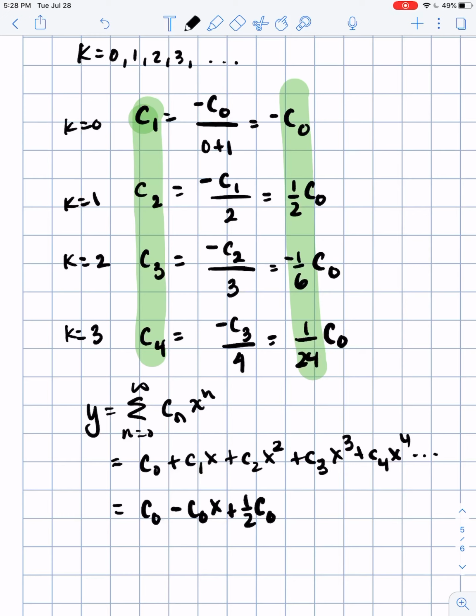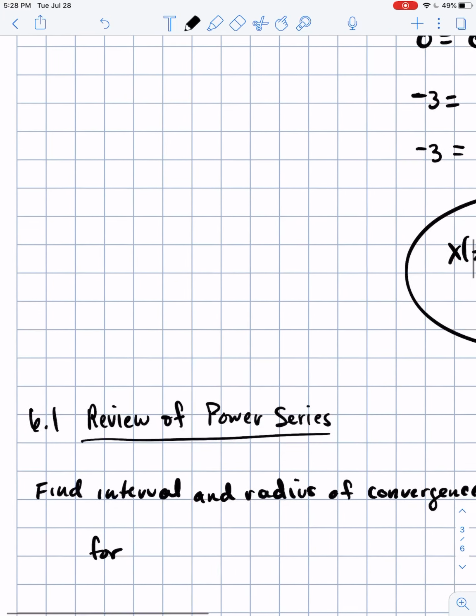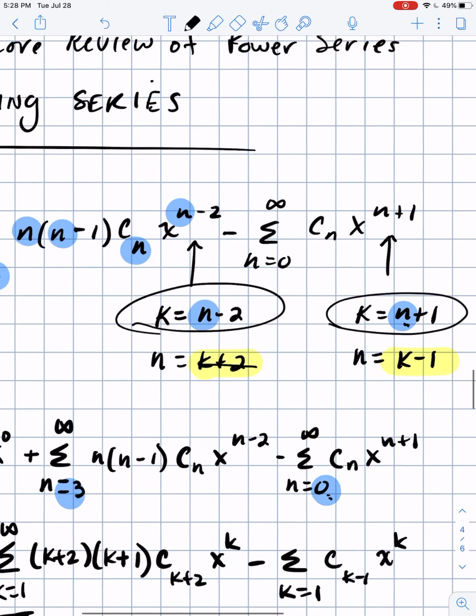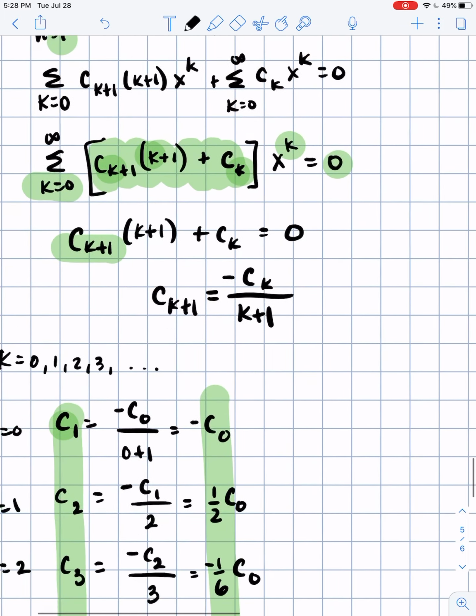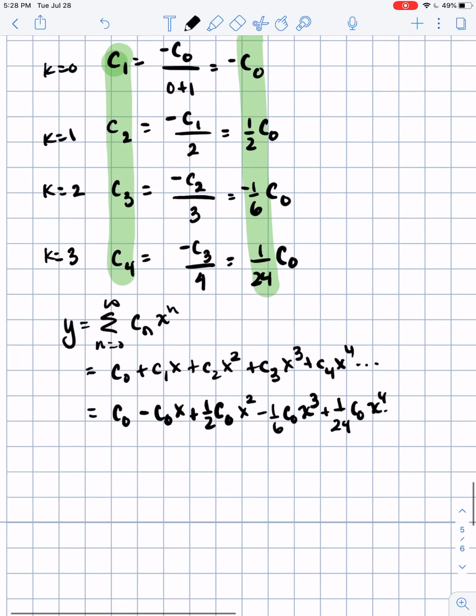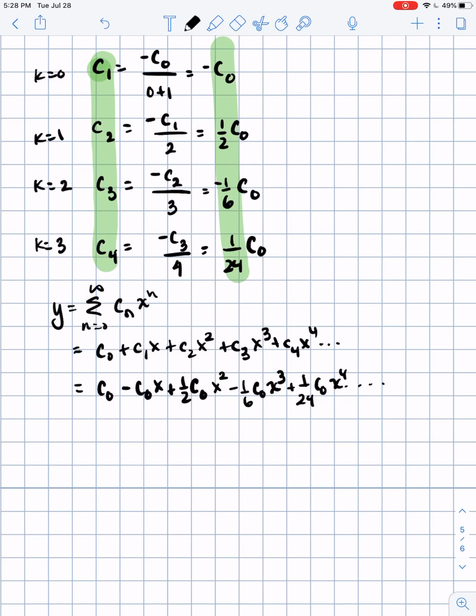plus 1/2 c sub 0, oh, I forgot my x, x squared, plus, which will be a minus 1/6 c sub 0 x cubed, and then a plus 1/24 c sub 0 x to the 4th, and then you have the dots.